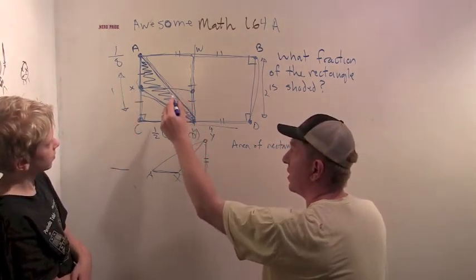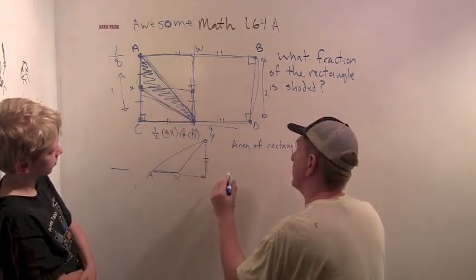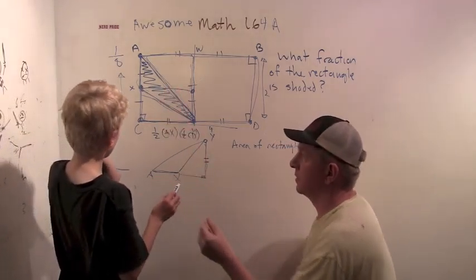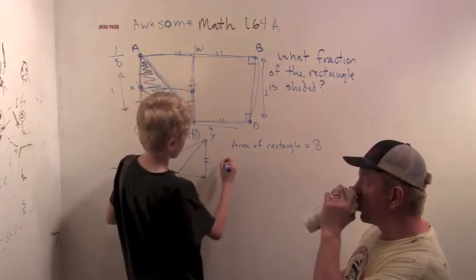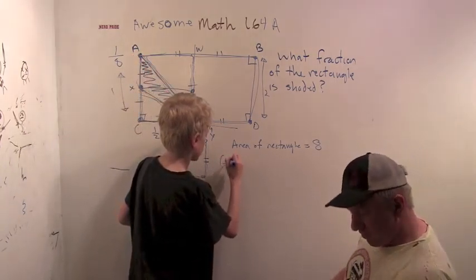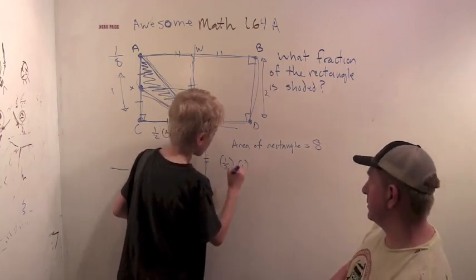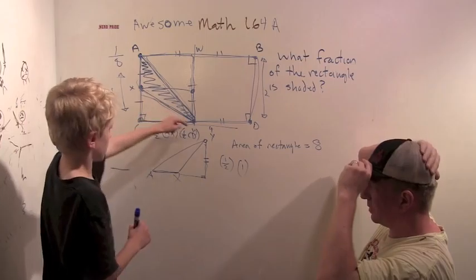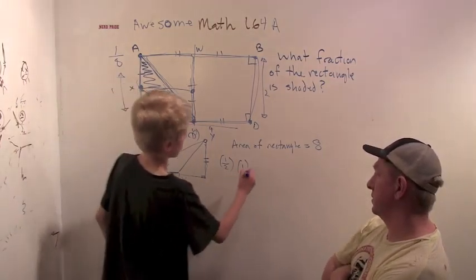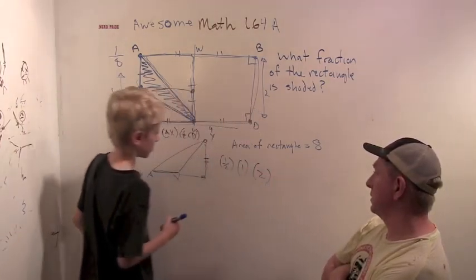Okay, let's try to find the area of our triangle now, doing 1/2 base times height. Well, let's see. 1/2 the base, so 1/2 of 2 is 1. Then times the height, which is 2.